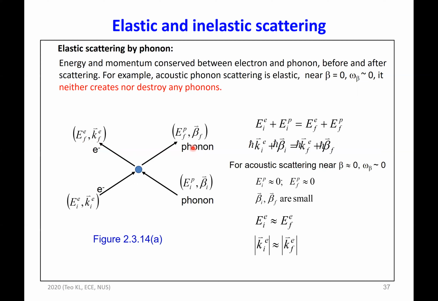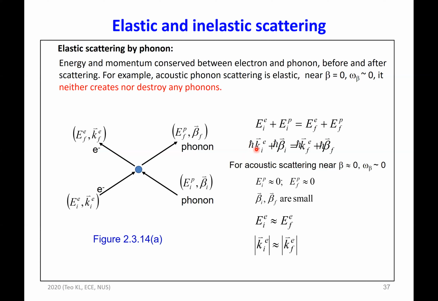Similarly for the phonon, final phonon energy, final phonon wave vector or momentum. So by conservation, initial electron energy plus initial phonon energy will be equal to final electron energy plus final phonon energy.